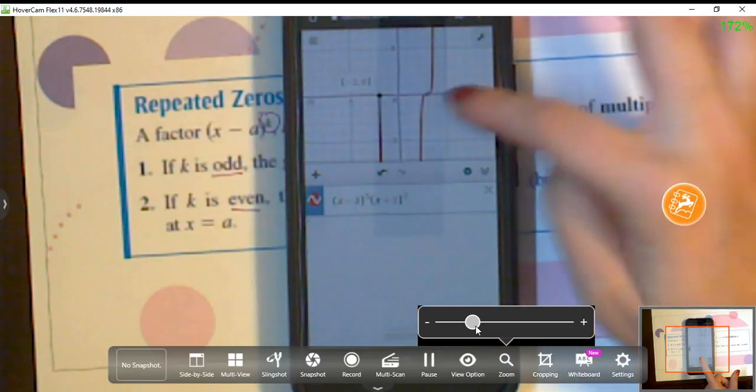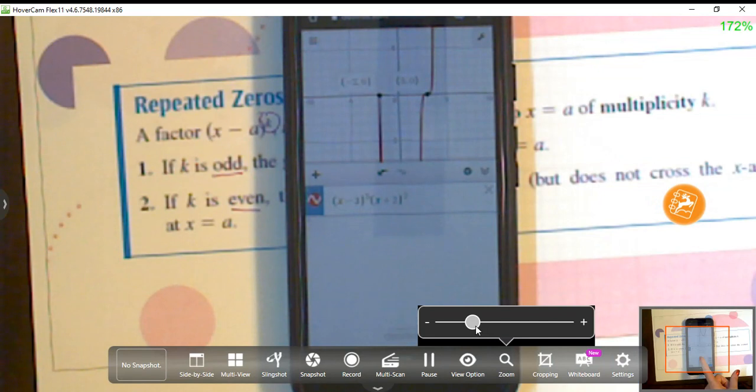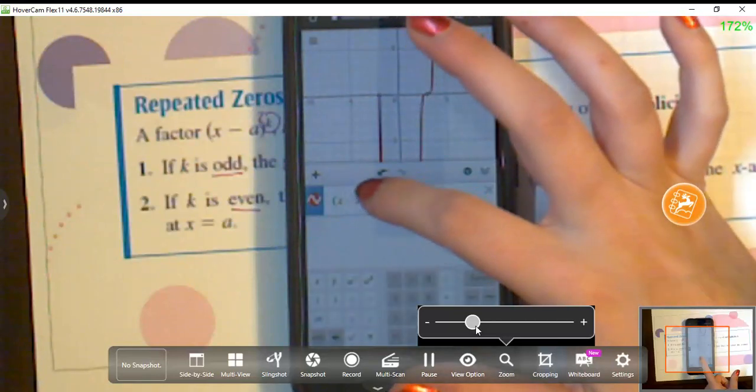But then at 3, it still goes through it. And that's going to be the case no matter how many zeros we have. If we can write it with an exponent on the outside, that's going to tell us what that's going to do to the graph. Now, remember, if there's not an exponent out in front of it, it's an understood 1.